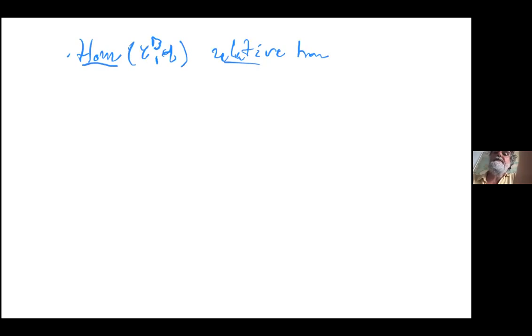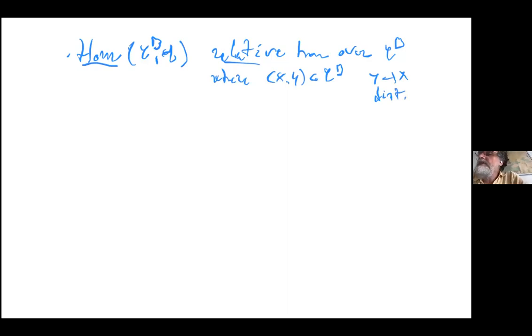This square means relative homology over C square, where of course this is a category of pairs (X, Y), where Y to X is a distinguished map in the category. Whatever it is, you just fix a distinguished subcategory and you make the category of squares.